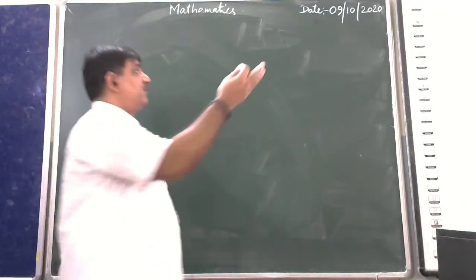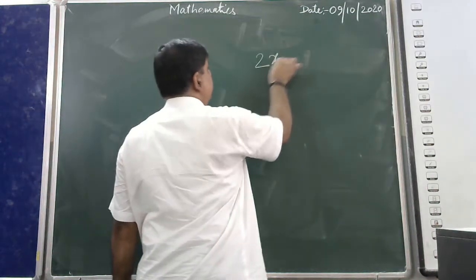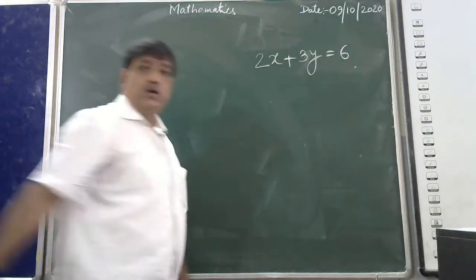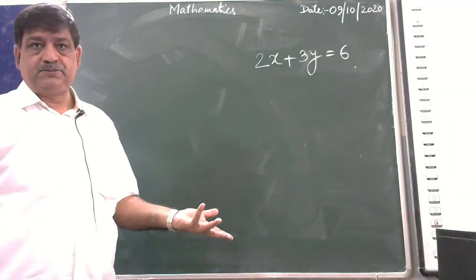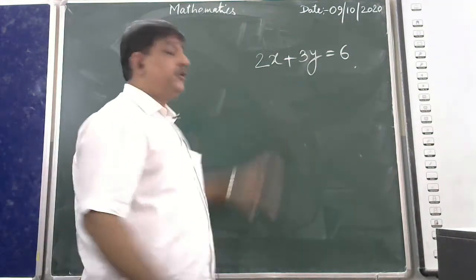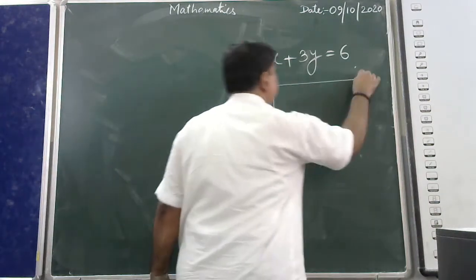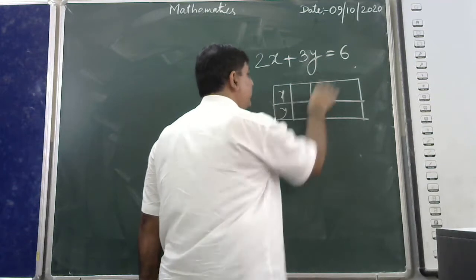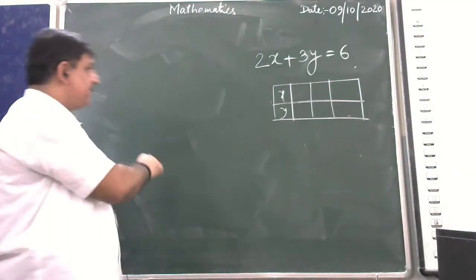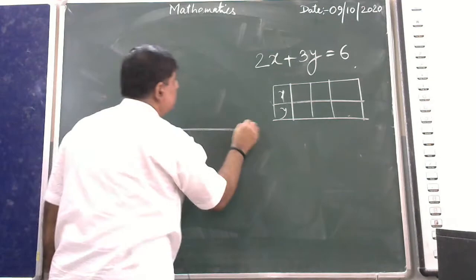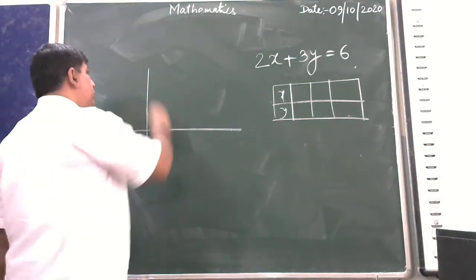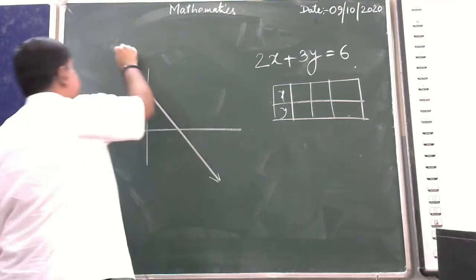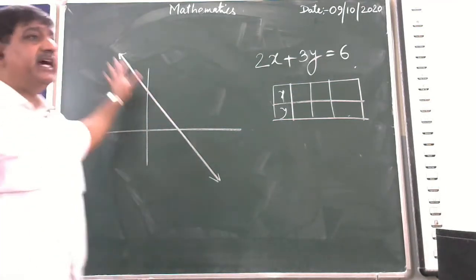Say, if asked by your teacher to draw the graph of 2x plus 3y is equal to 6. For drawing the graph, you have taken a few pairs of values of x and y, and those pairs of values of x and y are plotted on the graph. After plotting those values on the graph, you will get a straight line. So this figure you will get.